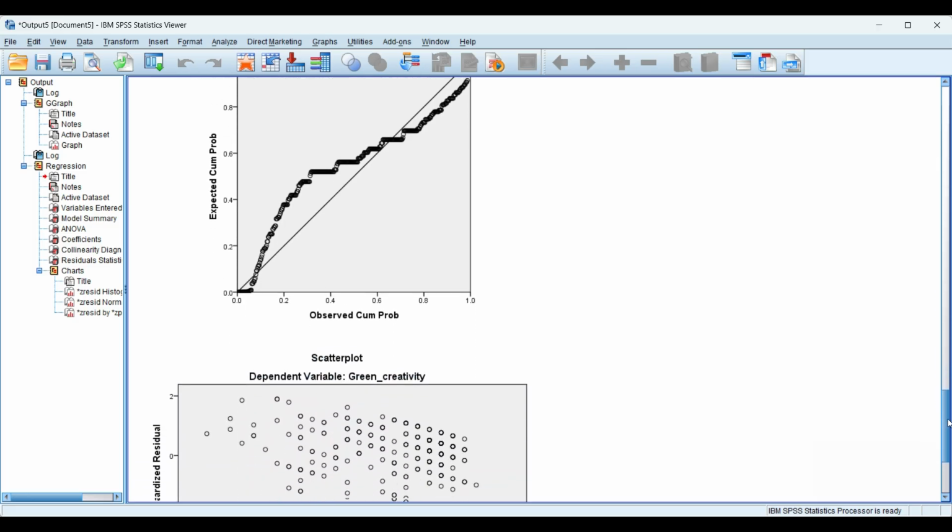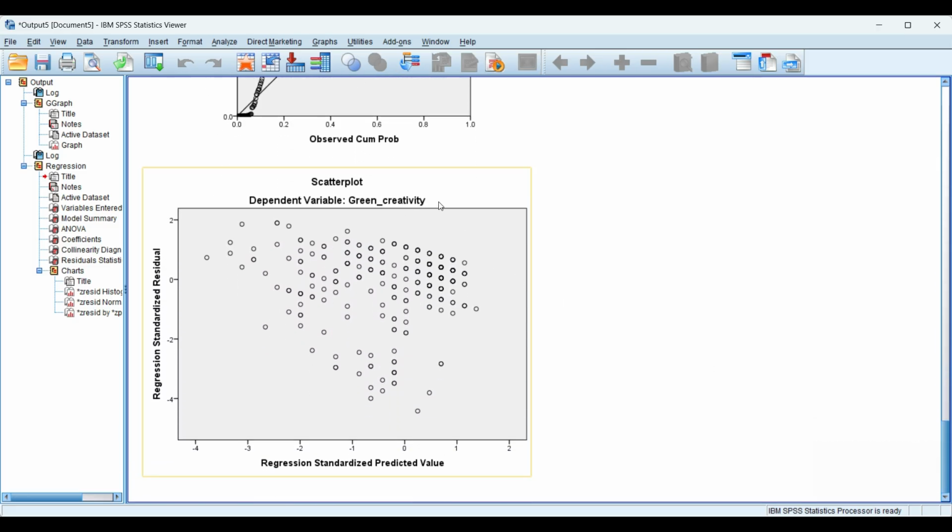The most important plot to check the assumption of heteroscedasticity is the scatterplot of standardized residual against standardized predicted value from the linear regression.